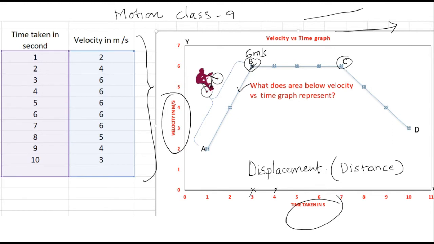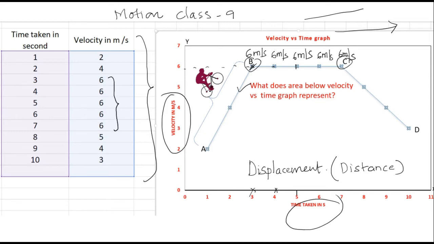Now at 4 seconds, the velocity again you can see, that's why it is coming a straight line, 6 meter per second. And then again it is 6 meter per second for the 5th second, and so on. Every time it is 6 meter per second till here. So you can observe this even here, that is from here to here.